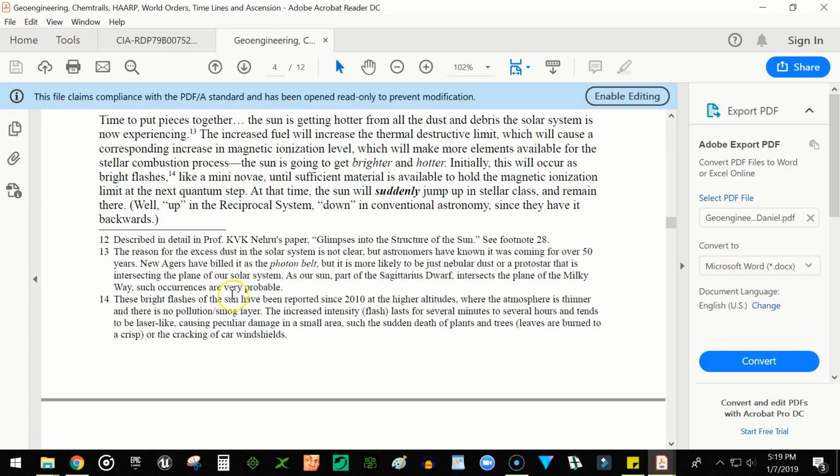These bright flashes of the sun have been reported since 2010 at the higher altitudes where the atmosphere is thinner and there's no pollution or smog layer. The increased intensity flash lasts for several minutes to several hours and tends to be laser-like, causing peculiar damage in small areas, such as the sudden death of plants and trees, leaves burned to a crisp, or the cracking of a car windshield.